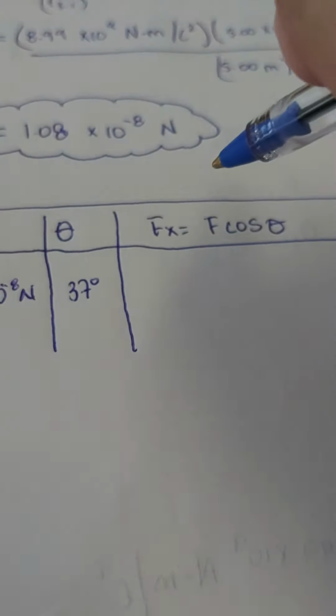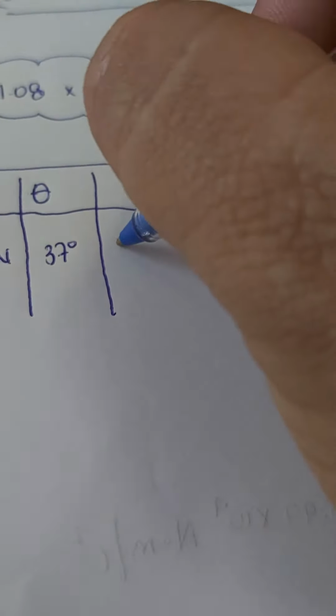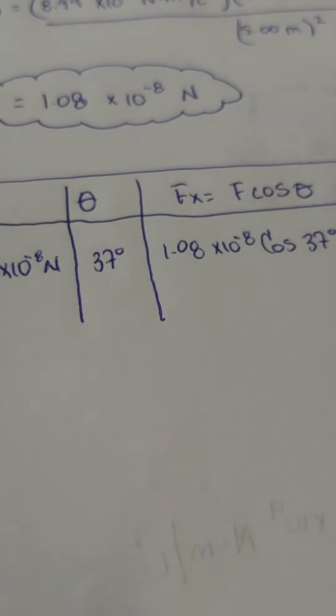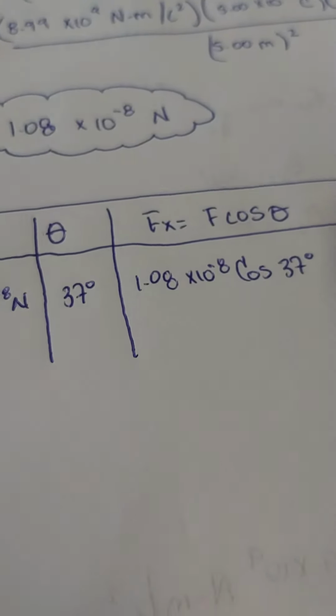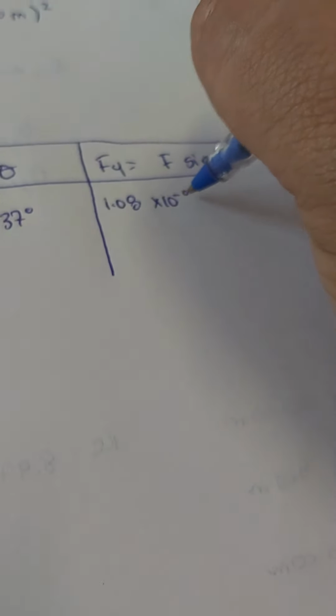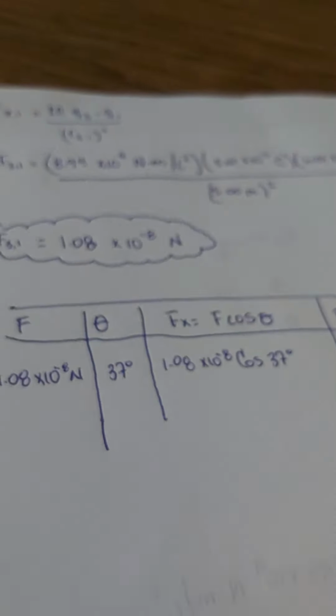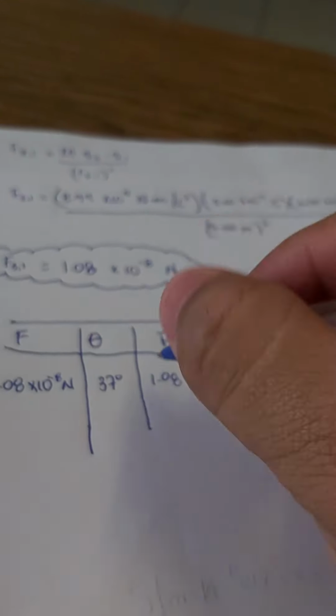Now we use 1.08 times 10 to the negative 8 cosine of 37 degrees, and 1.08 times 10 to the negative 8 times sine of 37 degrees. Take out our calculators.